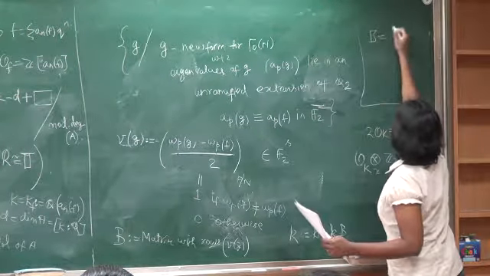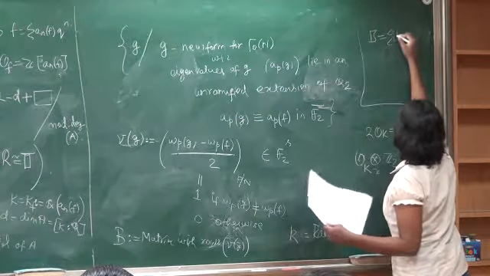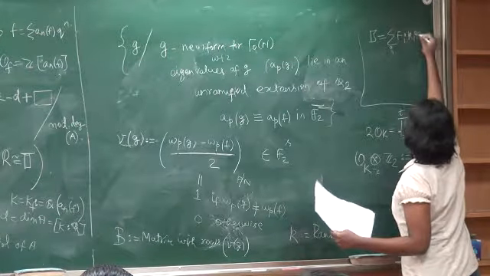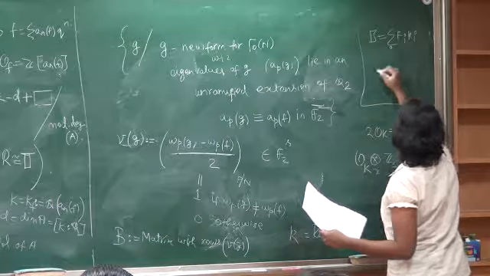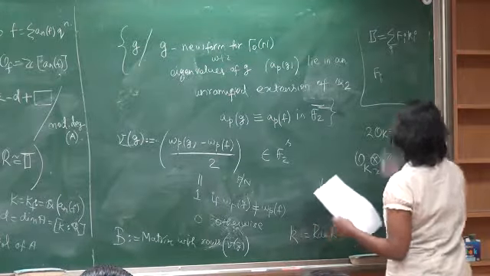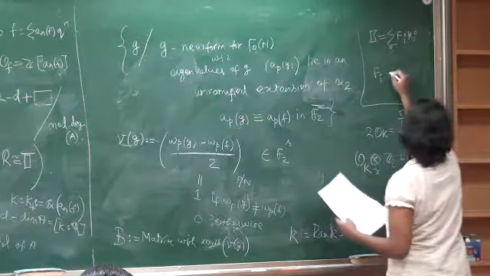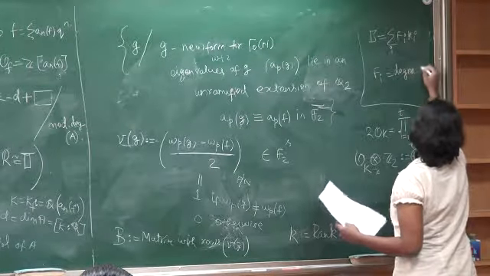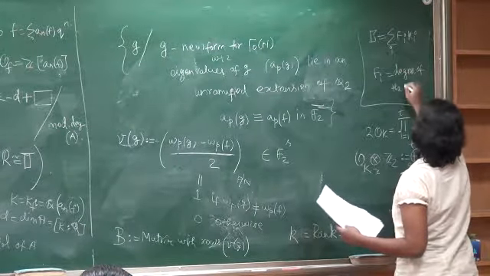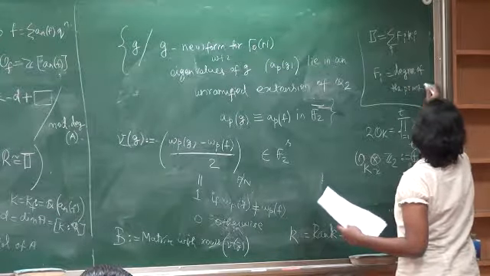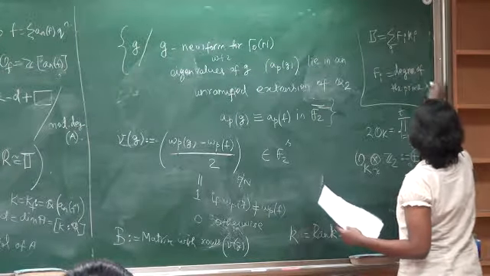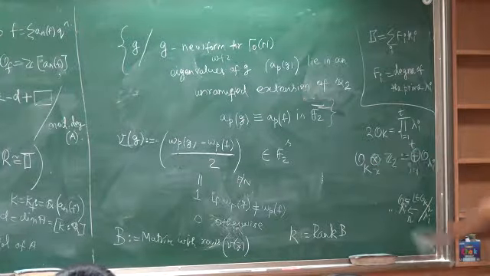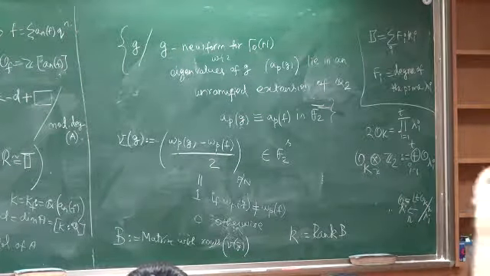So this box is a summation over lambda. It's a bit complicated, so that's why I left a box there.